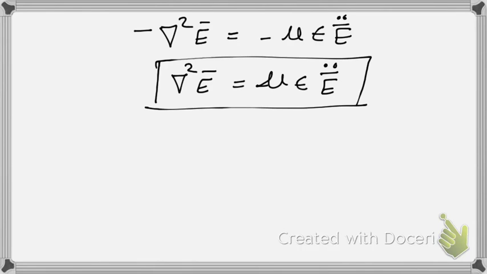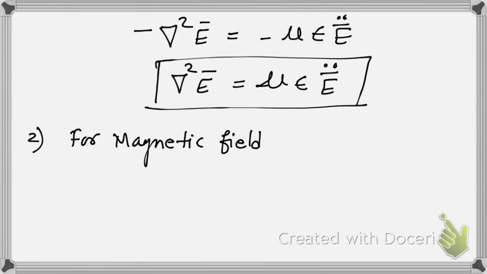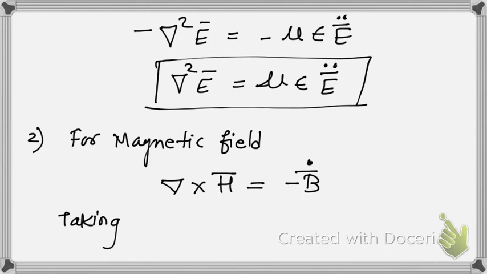Second part, for magnetic field, we will consider the second Maxwell's equation, del cross H bar, where magnetic field comes, H is the magnetic field quantity, so it is minus B bar dot. So taking curl, again the same thing we will do on both sides. What do we get?